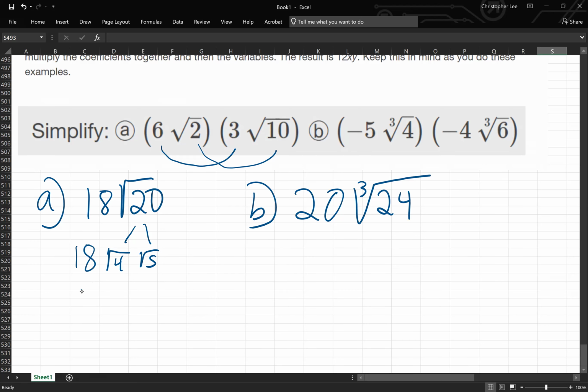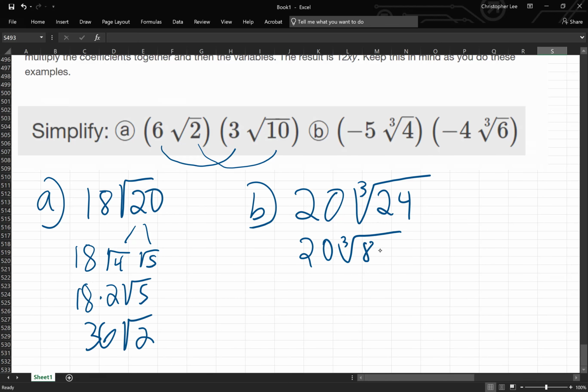Square root of 4 is 2. 36, square root 2. 24, that could get broken down into, I think, 8 times 3. And then knocking that out, I have 20 times 2. And so this final answer is 40 cube root of 3.